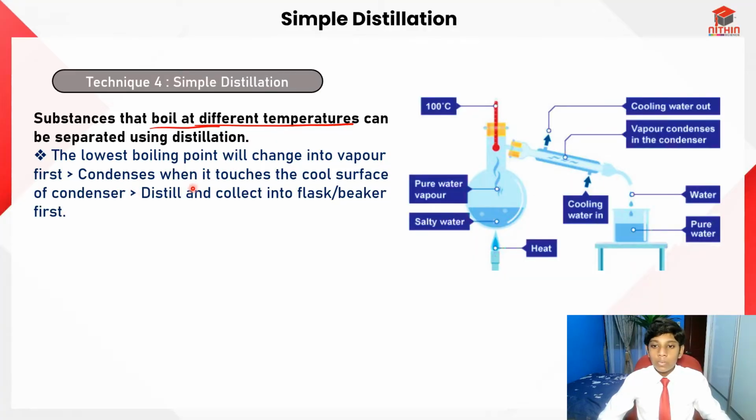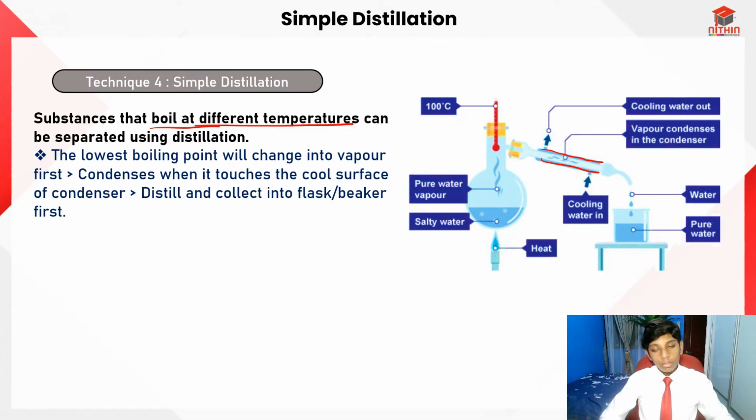It condenses when it touches the cool surface of the condenser. This is basically the condenser, and cool water will be going around it in order for it to stay cool.